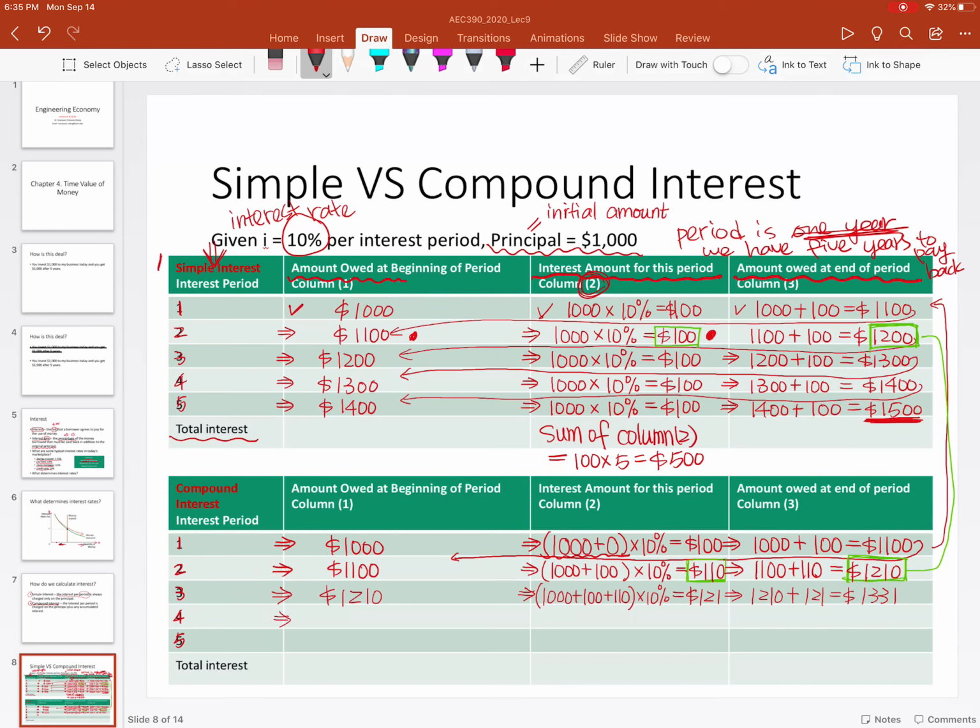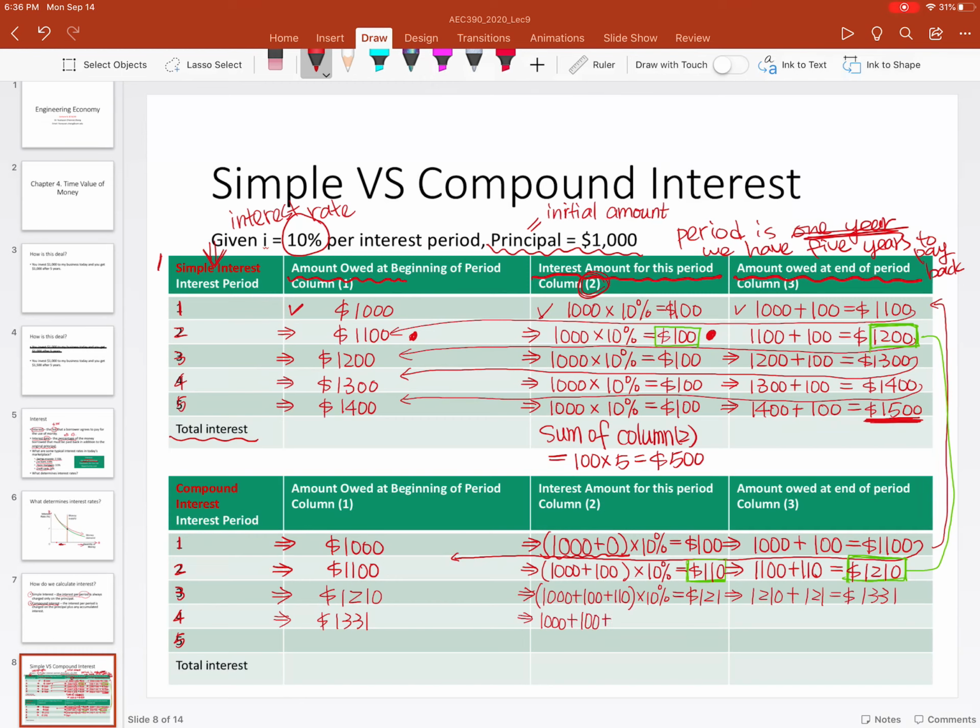Now let's enter the fourth year. At the beginning of the fourth year, how much do you owe? Yes, you owe 1,331. That's how much you owe at the end of the third year. Okay, and what is the interest? Because it's compound interest, the interest is based on the initial or the principal amount plus all the previous interest. So you got 3 different interests in the past 3 years.